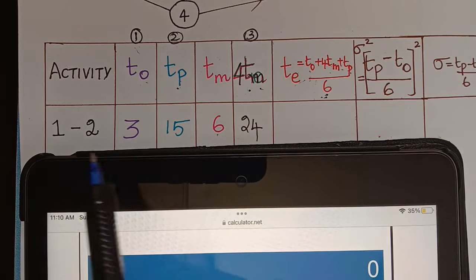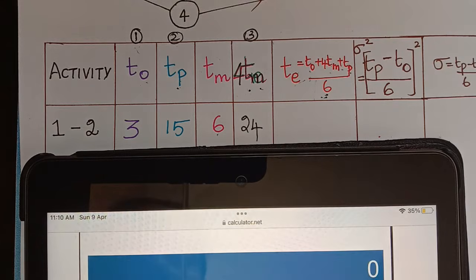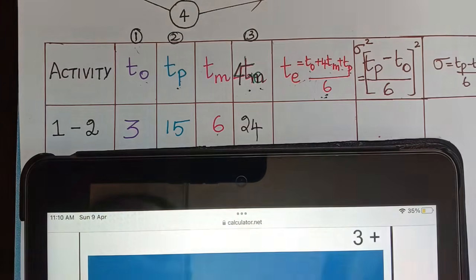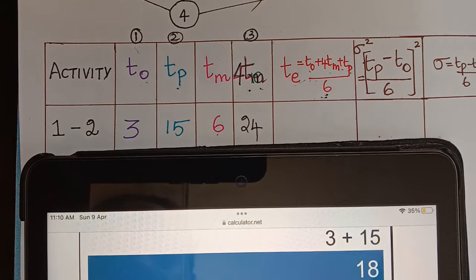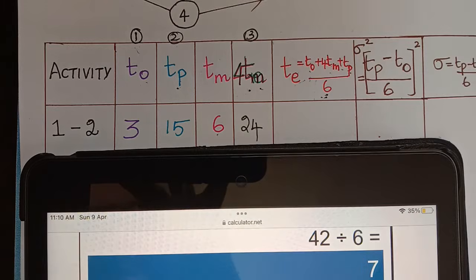For the activity 1 to 2, let us find the value of TE. It is 3 plus 15 plus 24 equals 42, and that divided by 6 is 7. So that 7 we have to write here.